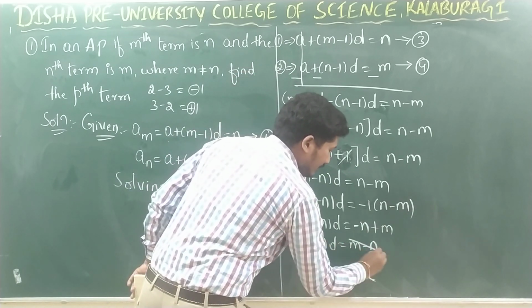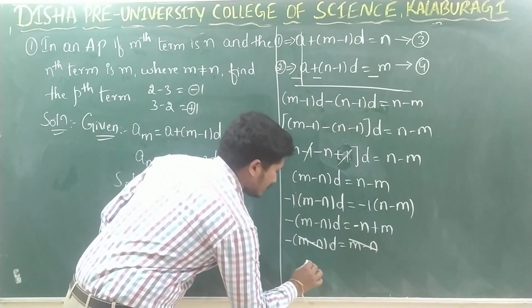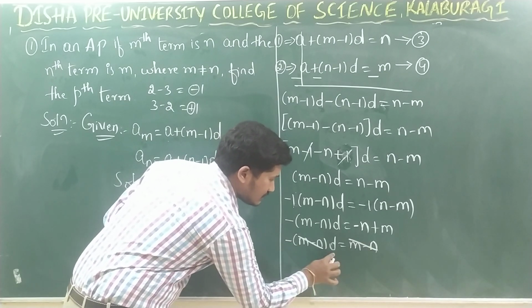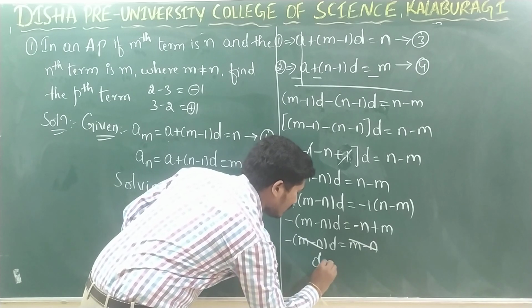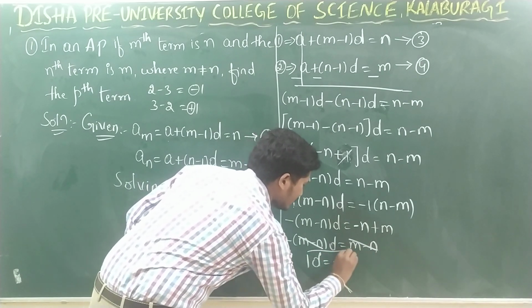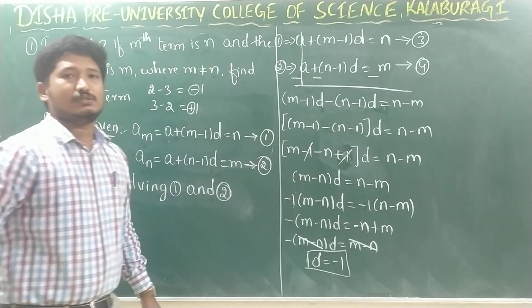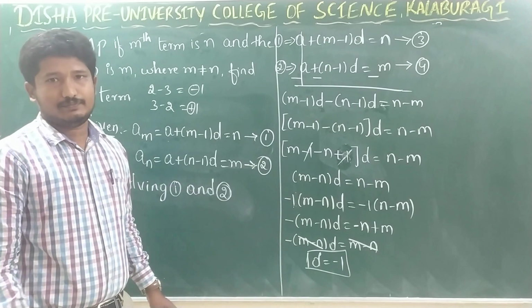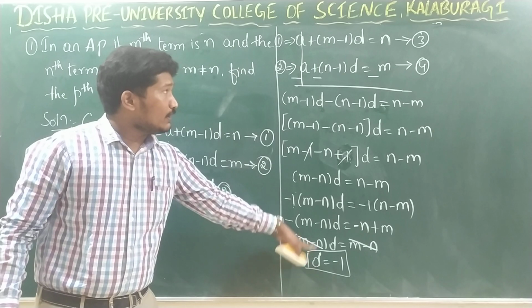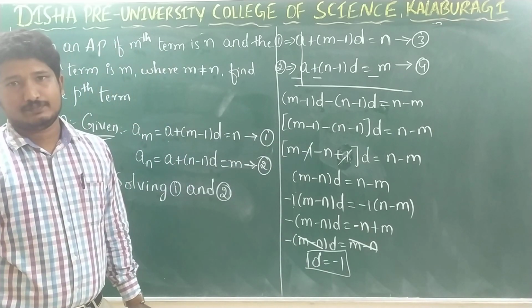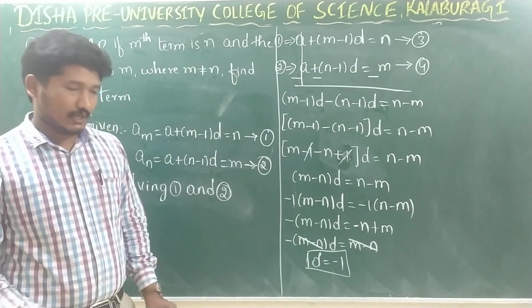So m − n get cancelled. So this implies that, see, −d is equal to, we are remaining with 1. So this can be written as what? d is equal to −1. So this is the common difference that you have got. Right? So this is the value of what? d. I hope you understood. Right.